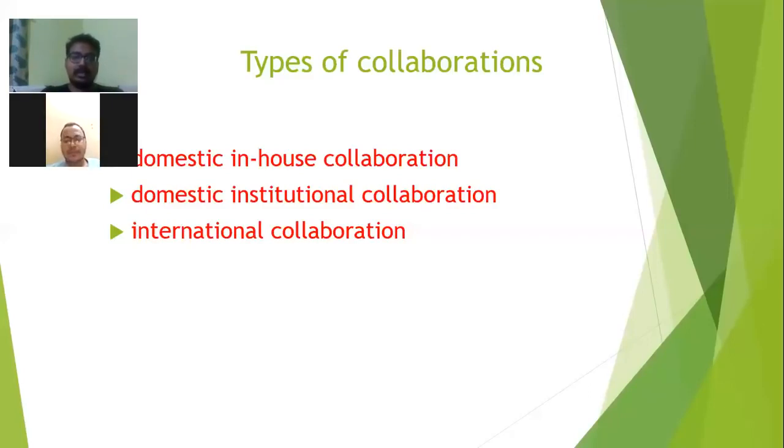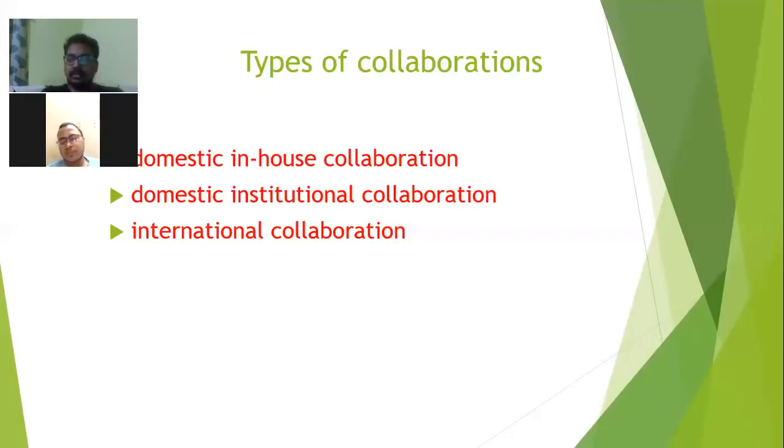What we mean is that when you are collaborating with someone from your own field, for example, I'm from mechanical engineering and I'm collaborating with a fellow colleague from my own institute who is also from the mechanical domain, that could be domain-wise, or intra-domain, domestic in-house collaboration.